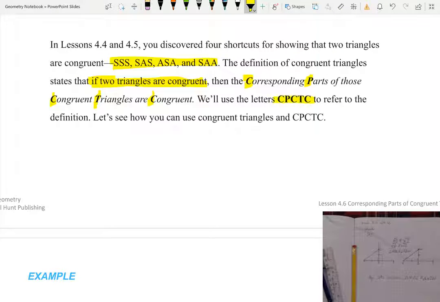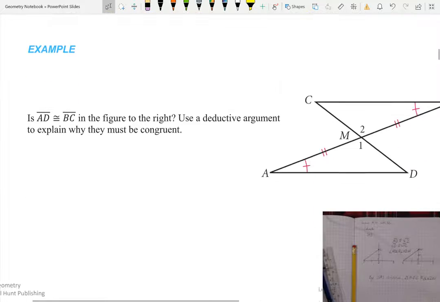This is called CPCTC for short. This will be used a lot in this lesson. Let's see how you can use congruent triangles and CPCTC. So we do a series of problems and proofs here.